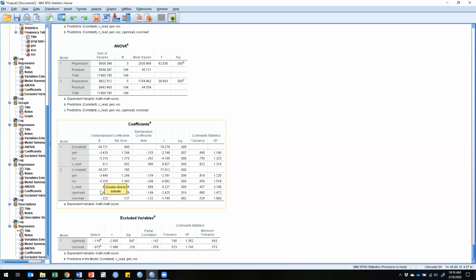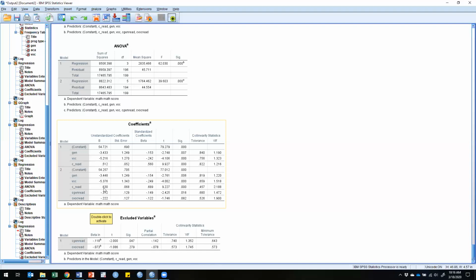Same thing here. Those who have average reading scores and who are in the academic track tend to have math scores about 5 units higher than those who are on the vocational track and have average reading scores.